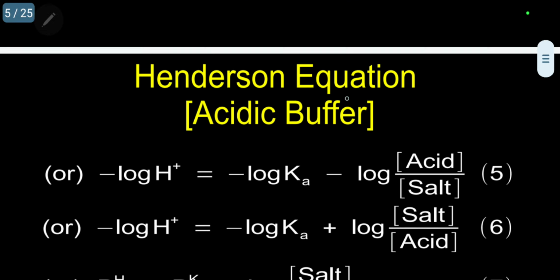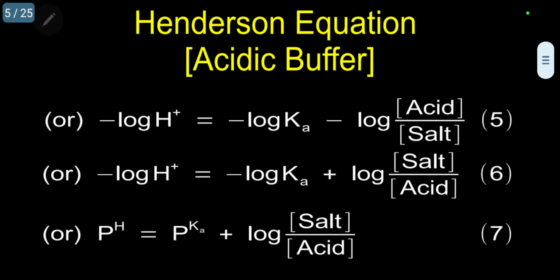I know the Henderson equation: log H+ equals minus log Ka minus log acid by salt. Then minus log H+ equals minus log Ka plus log salt by acid. I am interchanging the acid by salt so that the minus sign becomes a plus sign.